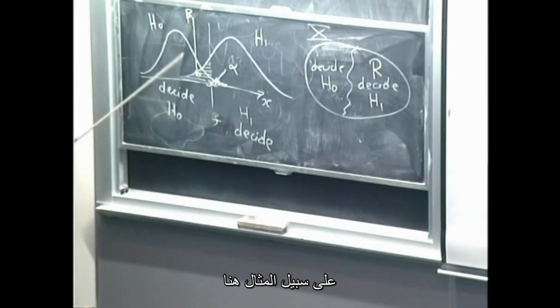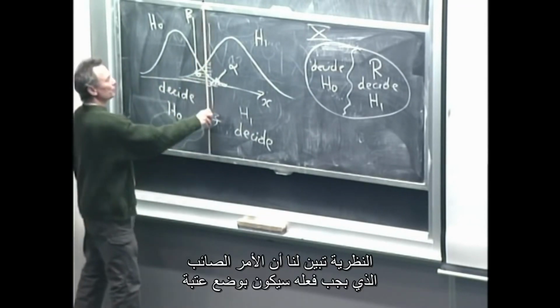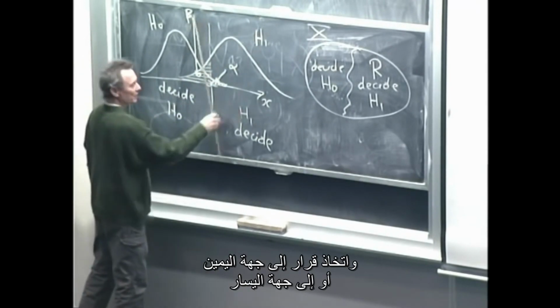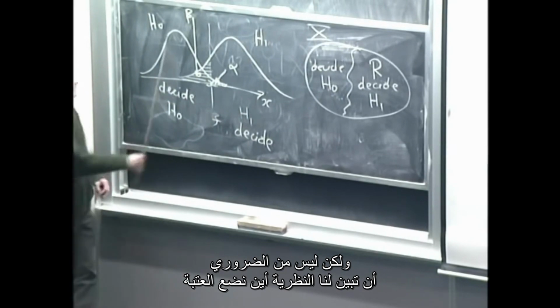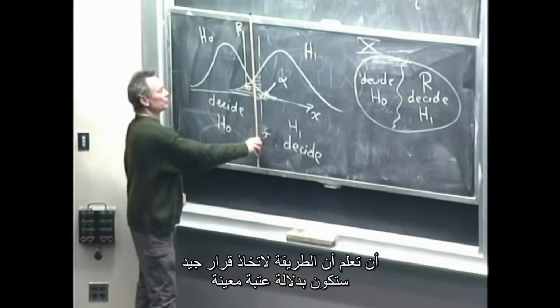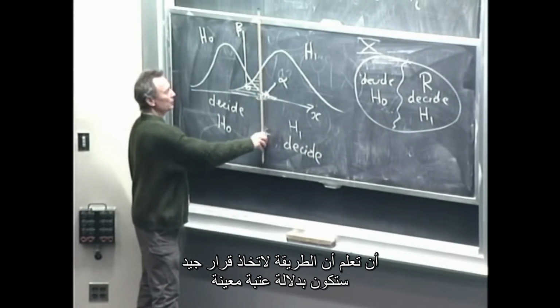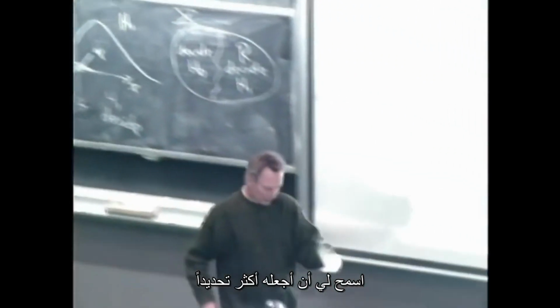For example, in this picture, the theory would tell us that the right thing to do would be to put a threshold and make decisions one way to the right, one way to the left, but it might not necessarily tell us where to put the threshold. Still, it's useful enough to know that the way to make a good decision would be in terms of a particular threshold. Let me make this more specific.